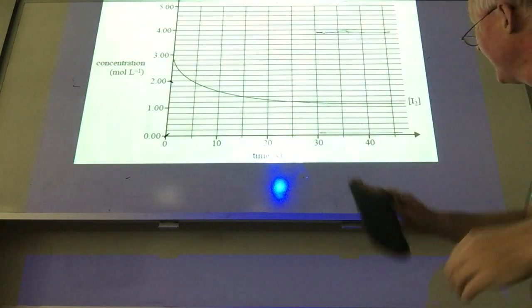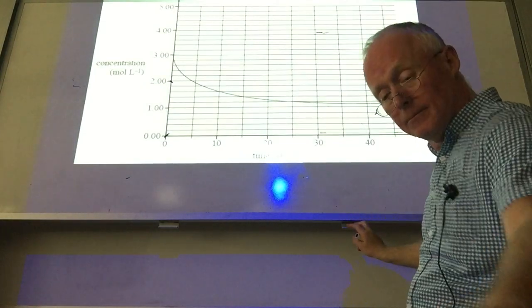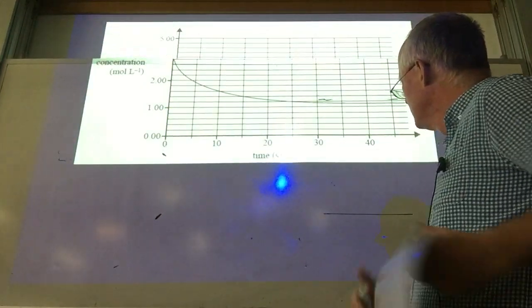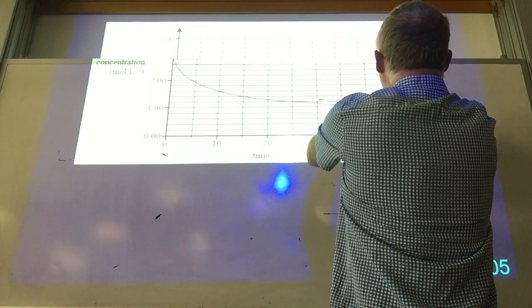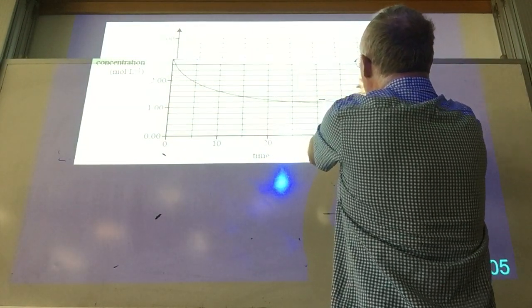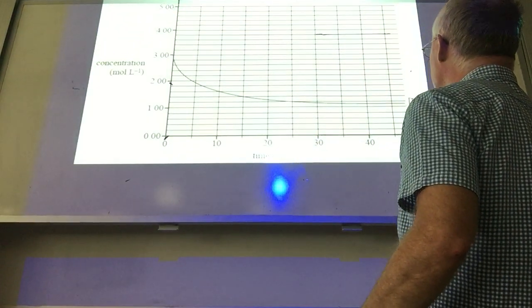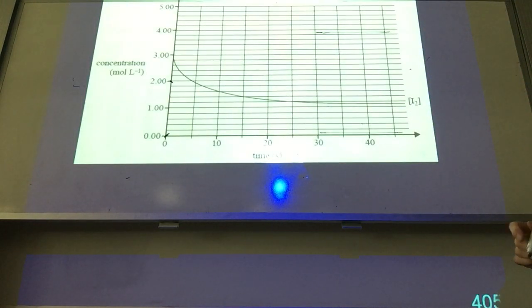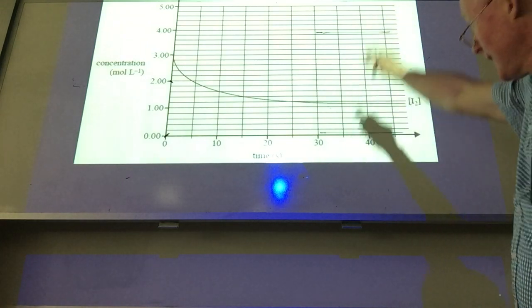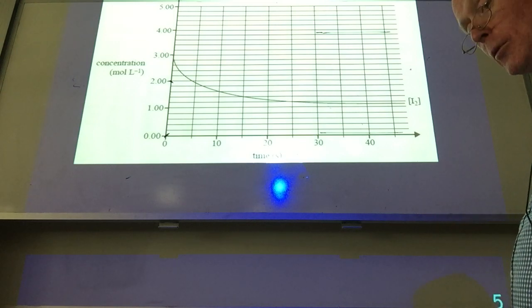No, I can probably do better than that, can't I? It is really important to get these graphs right. This is an old exam question, and getting the reaction reaching equilibrium at the right time is really important.